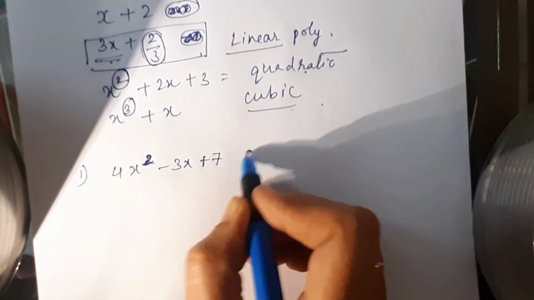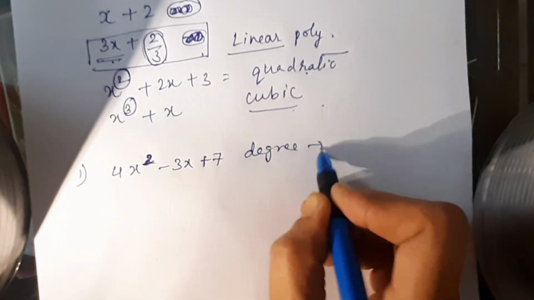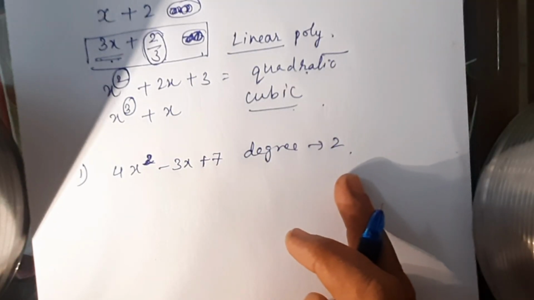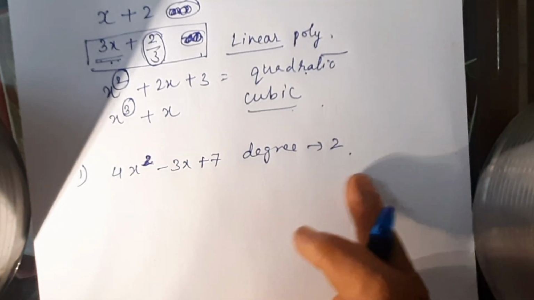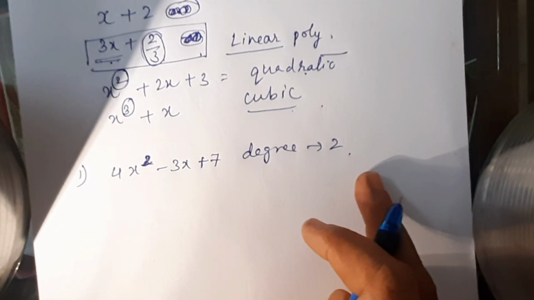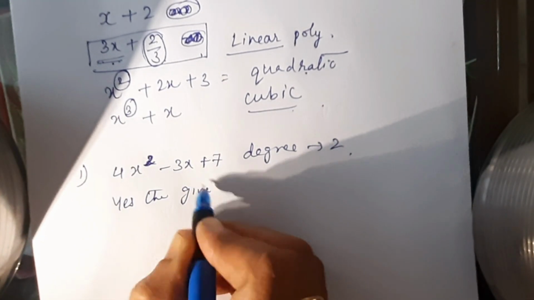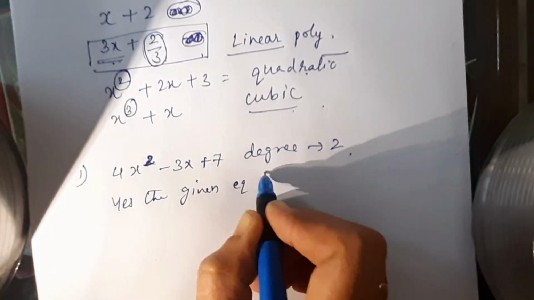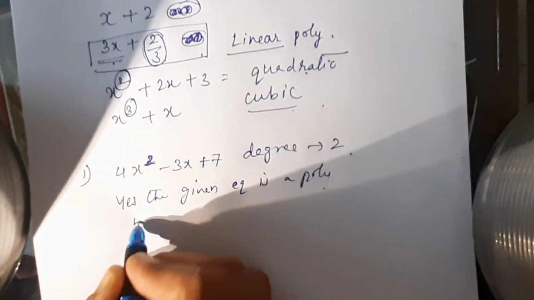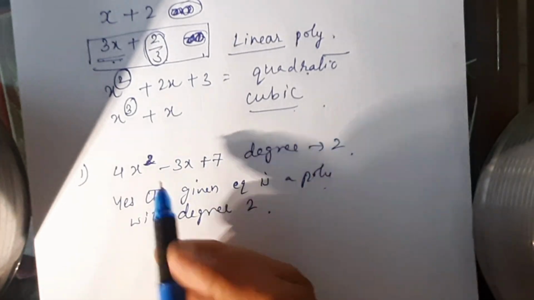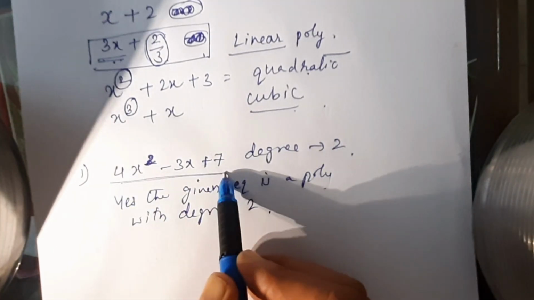If they ask about the degree, it's 2. But in this question they're not asking for the degree, they're asking whether it is a polynomial or not. So we'll write that the given expression is a polynomial with degree 2. And moreover, it is a polynomial in a single variable.